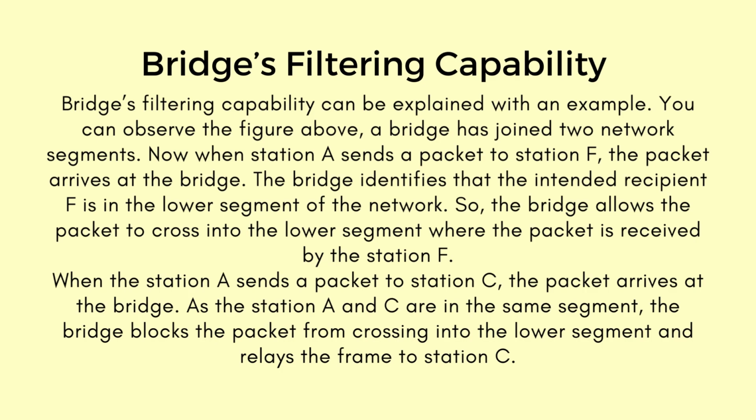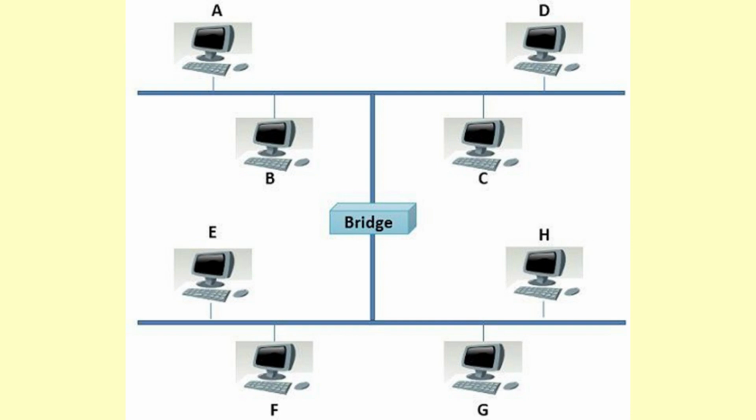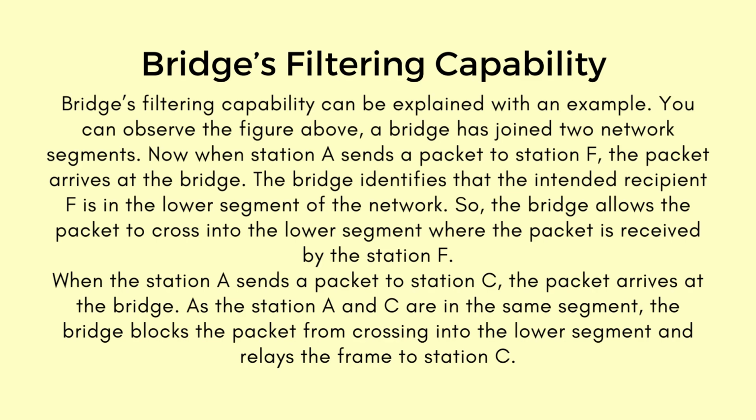So, the bridge allows the packet to cross into the lower segment, where the packet is received by station F. When station A sends a packet to station C, the packet arrives at the bridge. As stations A and C are in the same segment, the bridge blocks the packet from crossing into the lower segment and relays the frame to station C.